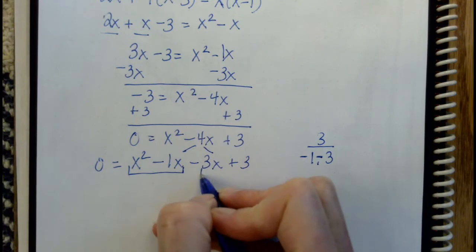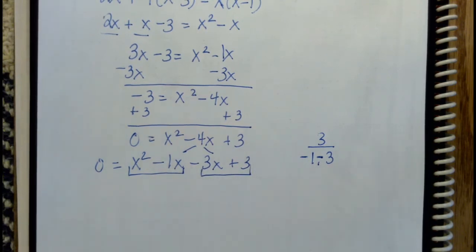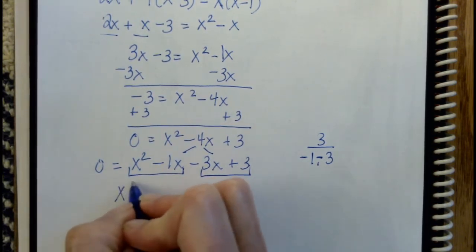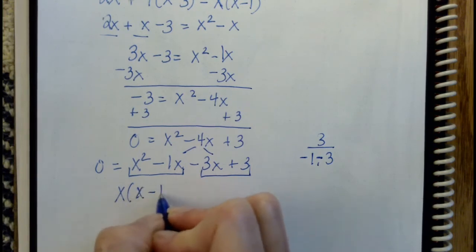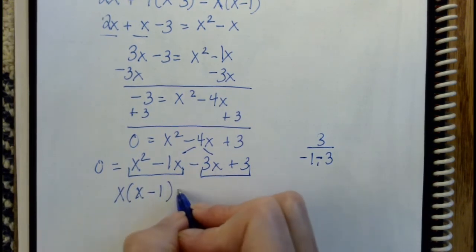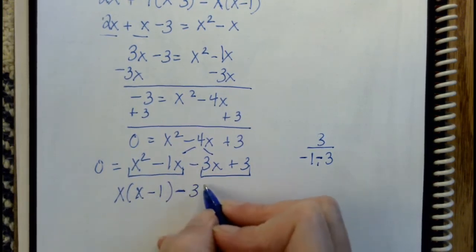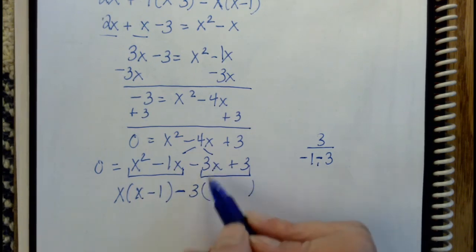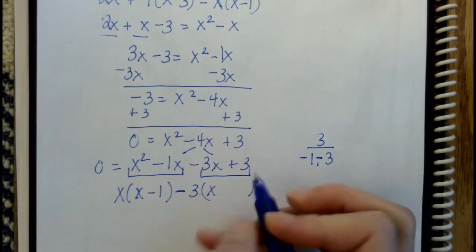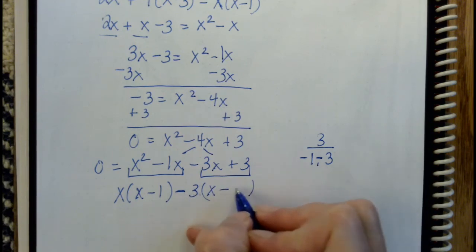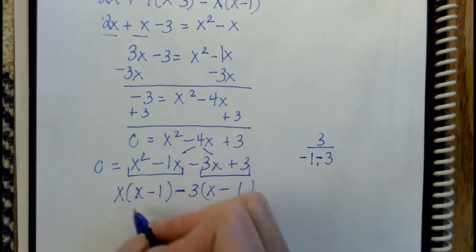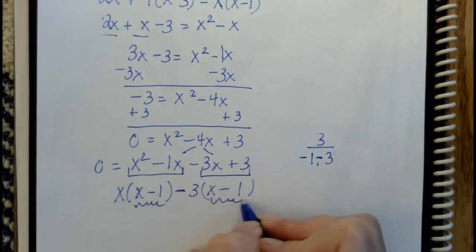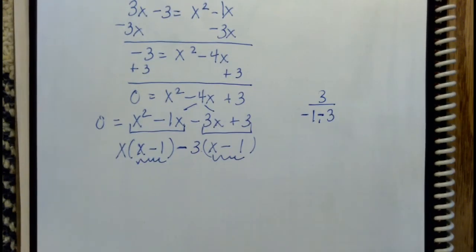And here's a group and here's a group. Greatest common factor in the first group is an x, and we're left with x minus 1. Greatest common factor in the next group is negative 3. Negative 3x divided by negative 3 is x. Positive 3 divided by negative 3 is negative 1. And what we see here is that from each group we have an x minus 1.